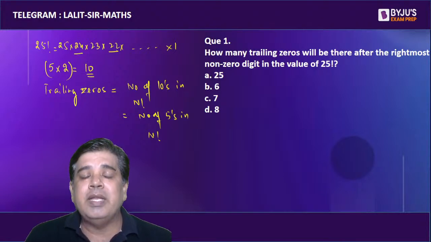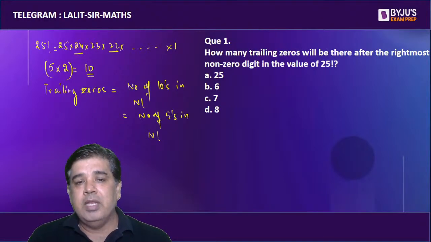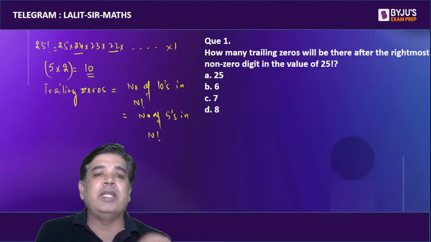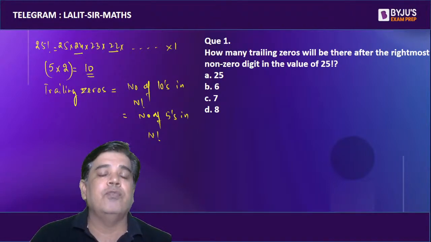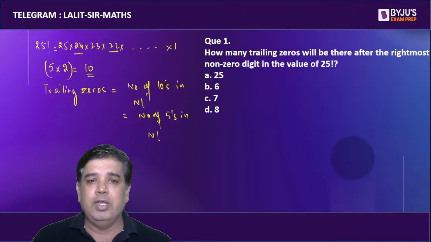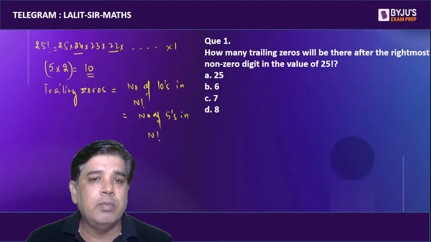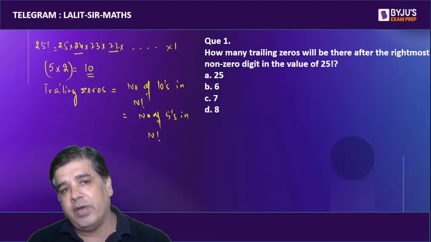Means how many times 5 will come in the factorial of a number. That will tell us how many pairs of 5 and 2 will be formed, which will give us 10. So the number of tens is dependent on the number of 5s.